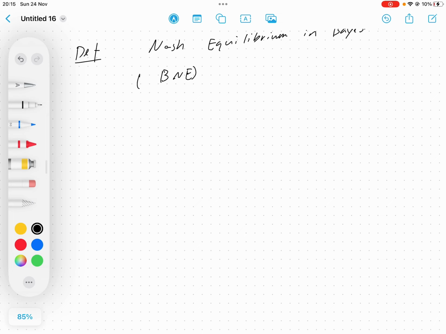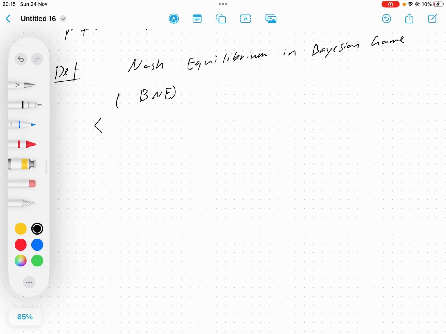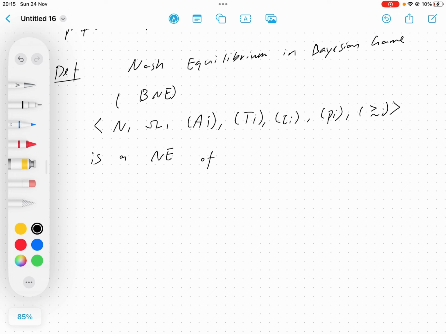A Nash equilibrium in a Bayesian game, which is a tuple of N, omega, A_i's, T_i's, tau's, priors pi's, and preference relations, is a Nash equilibrium of a strategic game G star defined as follows.